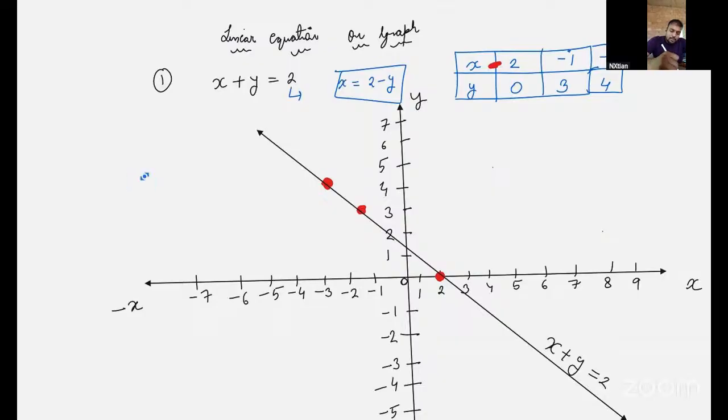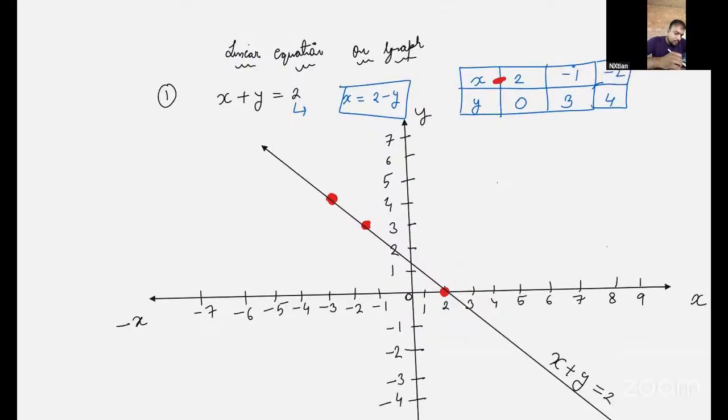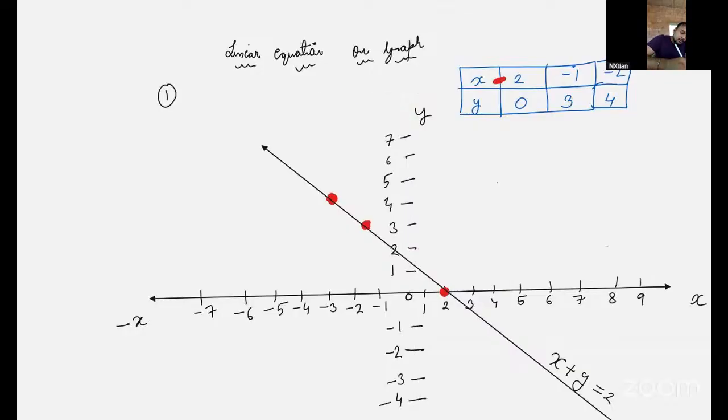Yes, Obit. Now what are you saying? So it's x plus y equals 2, right? No, not this equation. The equation is x minus 2y is equals to minus 1.